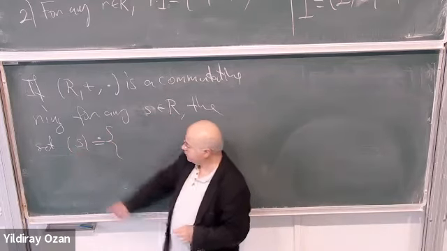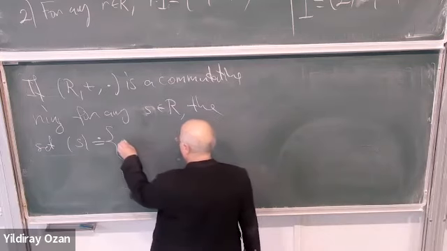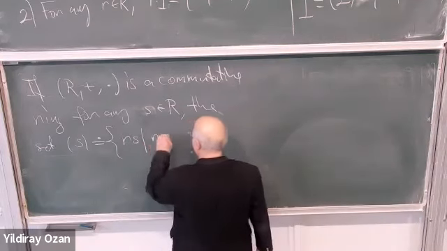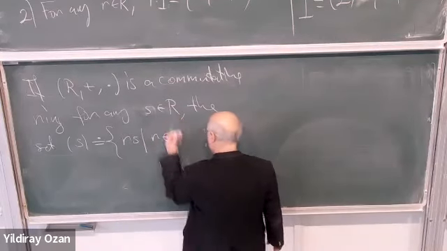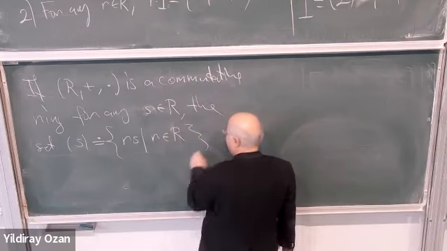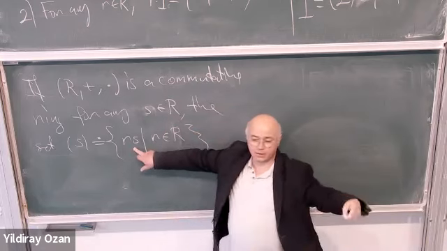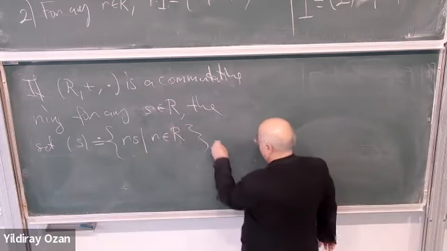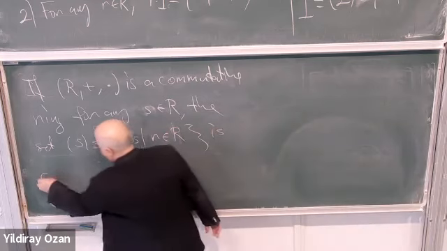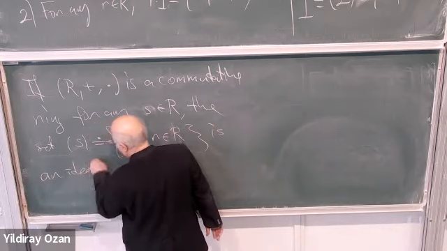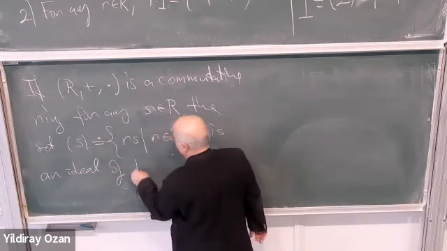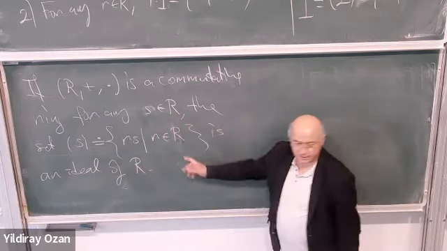The ideal generated by S means the following. r times S where r is in R. So I look at all multiples of S. Is an ideal of R. Right? This is an ideal of R.